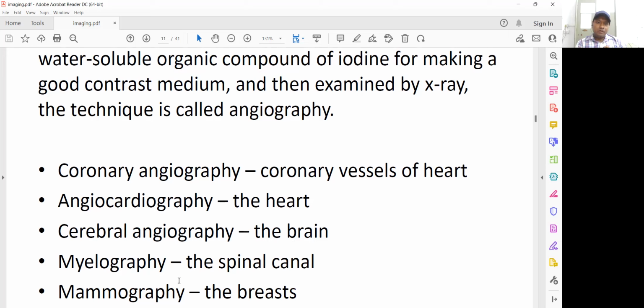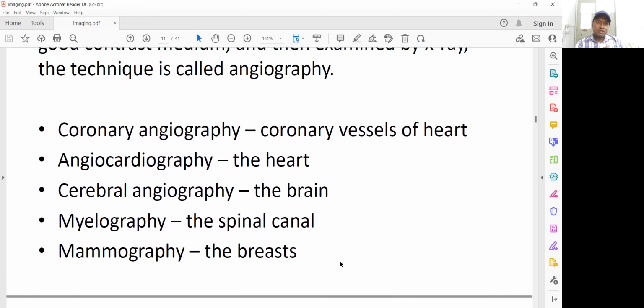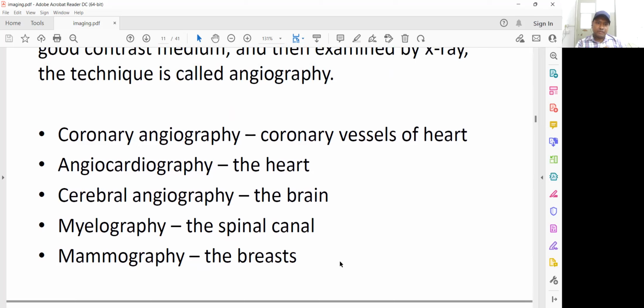Then myelography: inside the spinal canal, we inject the water soluble organic compound. And mammography for the breast. So these are some examples of angiography.